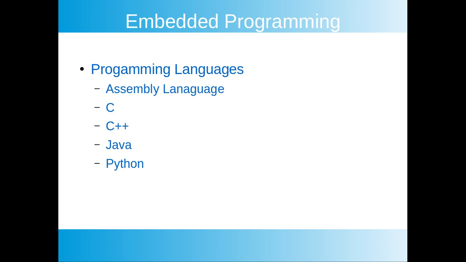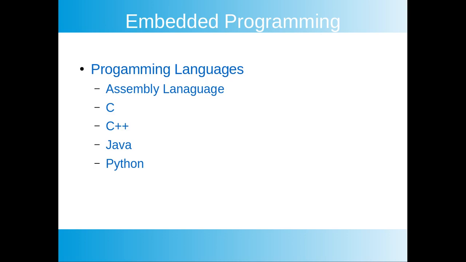But if the configuration of the system is high, meaning the RAM capacity is higher than 100 megabytes and the processor has a high clock frequency, in such cases we can use Java, Python and other interpreted languages for programming the embedded system.